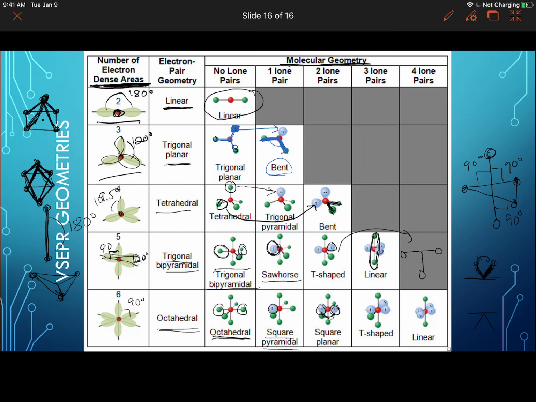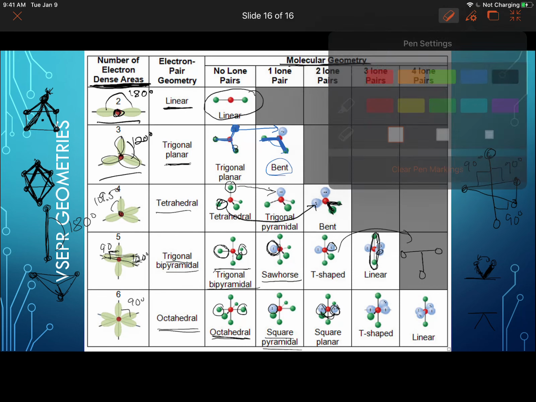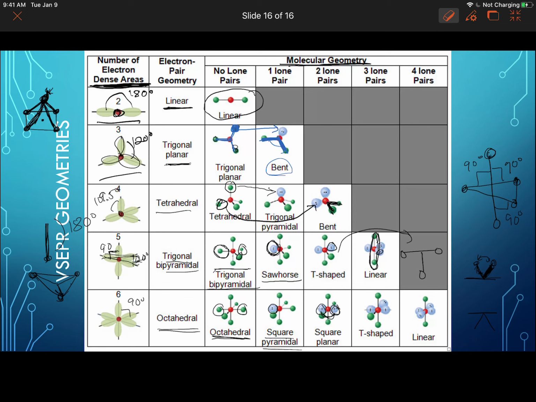And what we get is what's called square planar. So we're removing this atom right here, basically, and we get a square in one plane, so square planar.